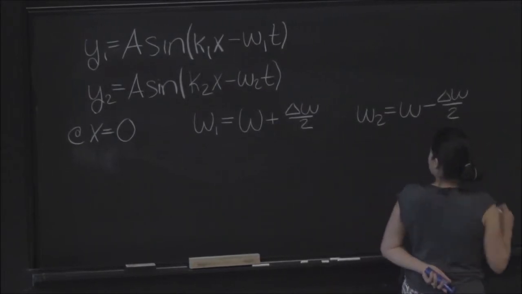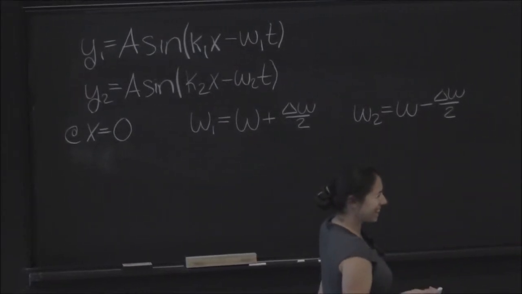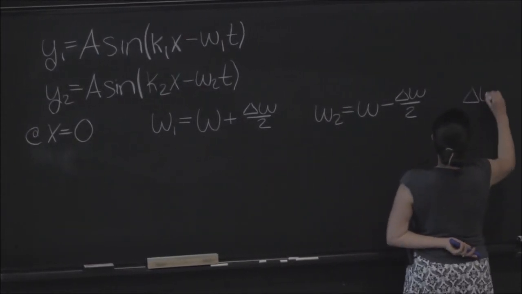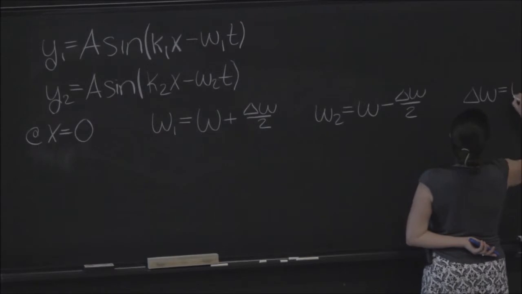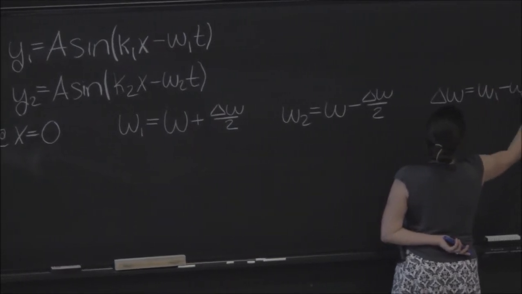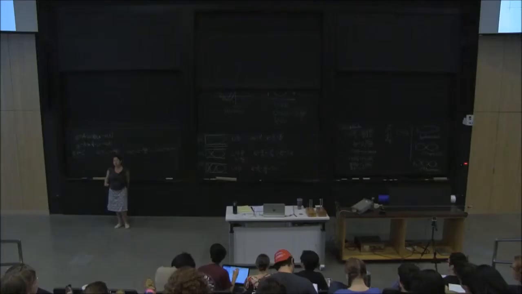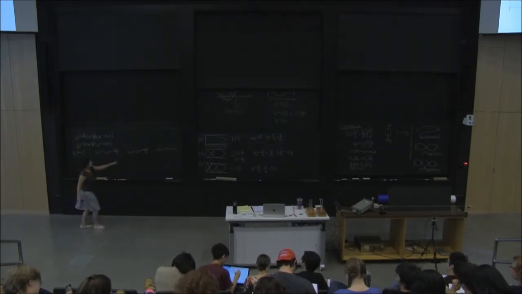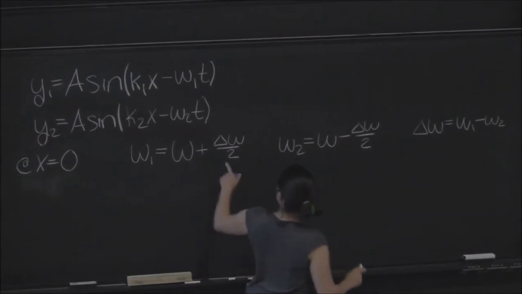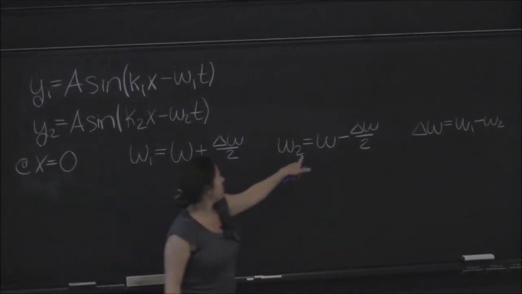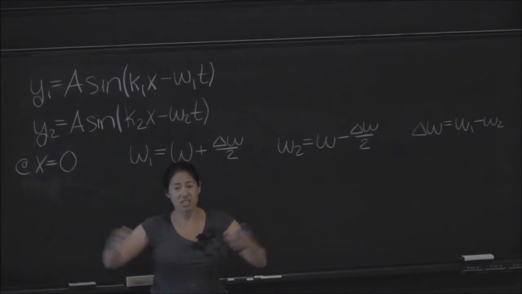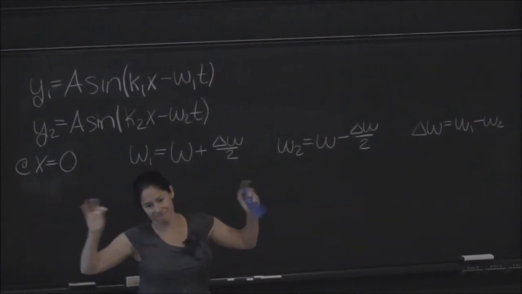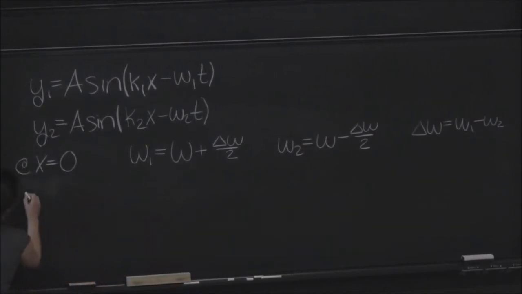So you can see that delta omega must be omega 1 minus omega 2. All I'm saying is you have two frequencies. One's a little higher by some delta omega, and one's a little lower by some delta omega. That's just a difference in the frequencies, and doing this is going to make our math a little easier. Okay? So let me rewrite what these things look like.